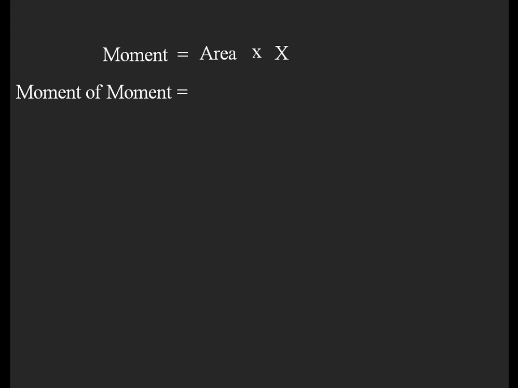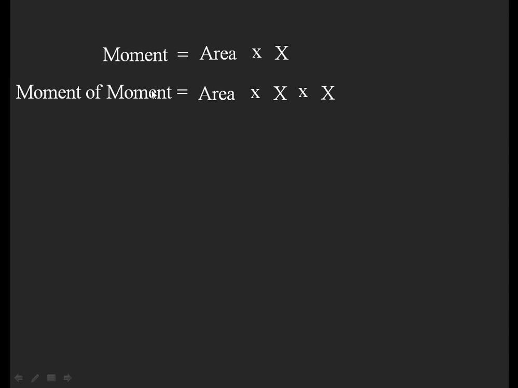Now, moment of moment itself is the moment of inertia. The moment is generally area into distance. So moment of moment means this area into distance, into again distance, will give you the moment of moment. So this moment into distance x, that is area into distance, will give you the moment of moment, which can be called moment of inertia, or we can call it the second moment.